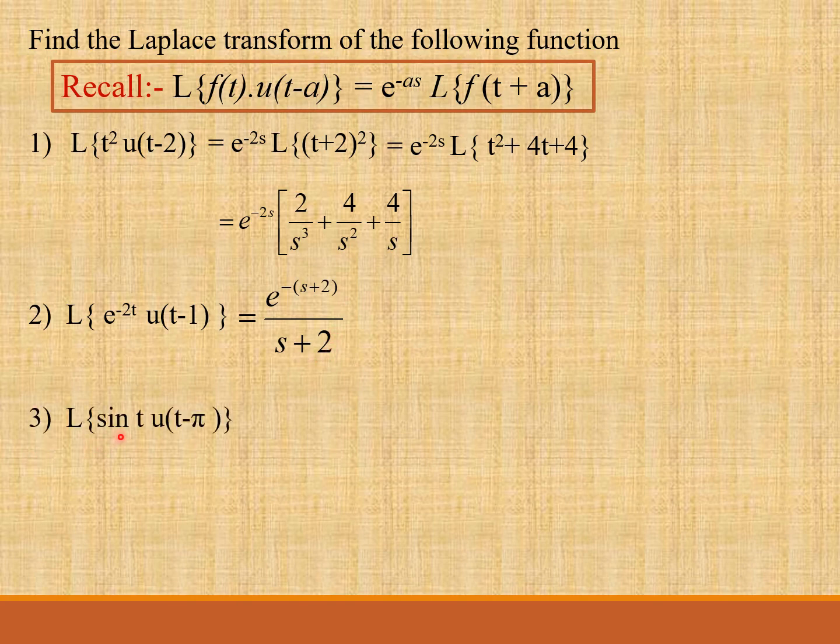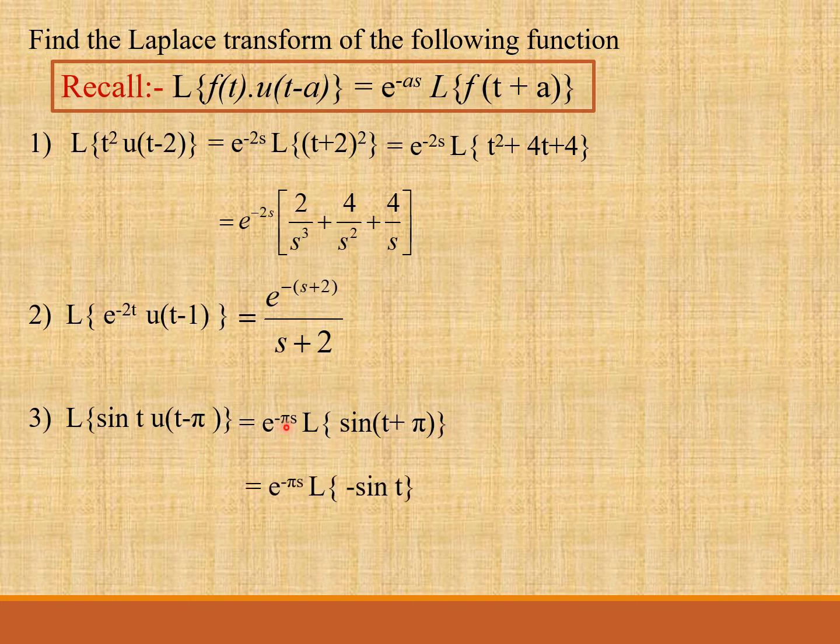Next, function is sin t, and it is multiplied by displaced unit step function u of t minus pi. So for u of t minus pi, the Laplace of that is e raised to power minus pi s, but in that sin t we need to shift by t plus pi.